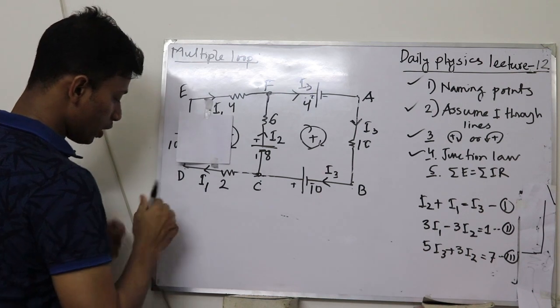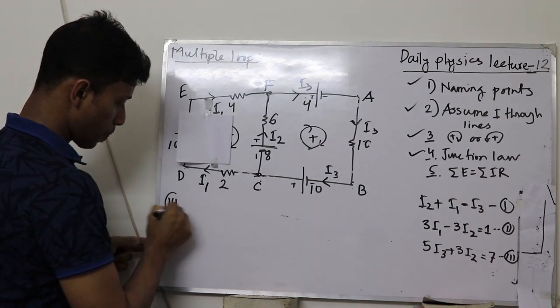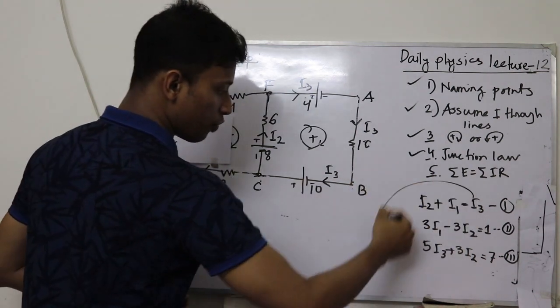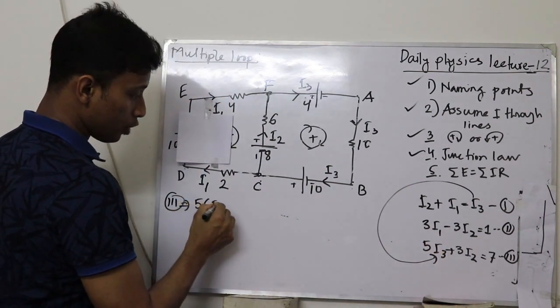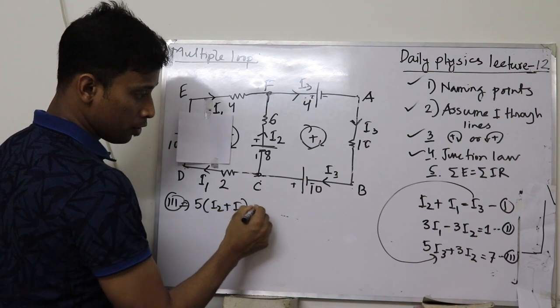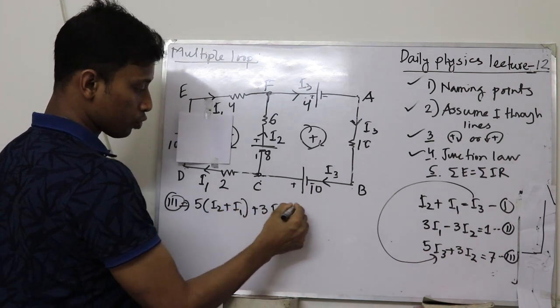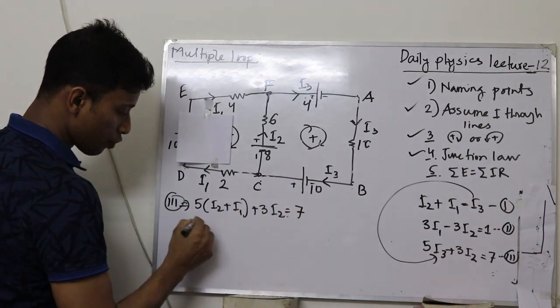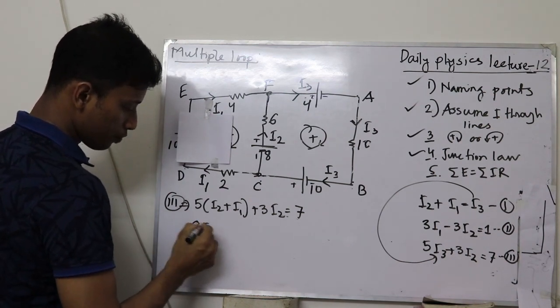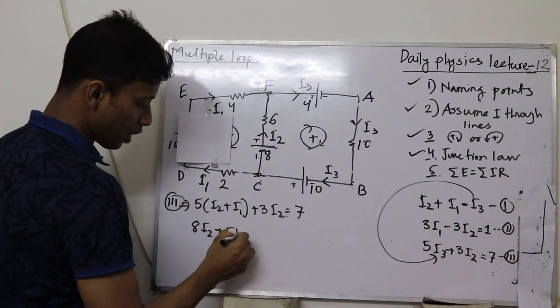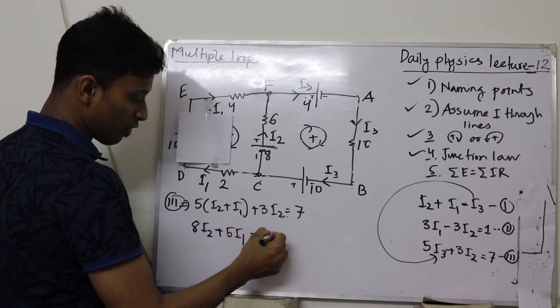So from equation 3, if I substitute the value of I3 here, then 5 into (I2 plus I1) plus 3I2 is equal to 7, which means 8I2 plus 5I1 is equal to 7.